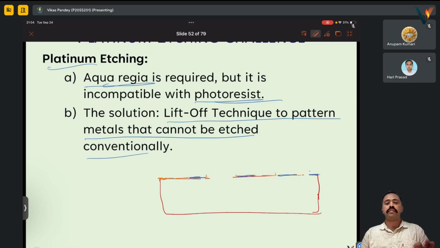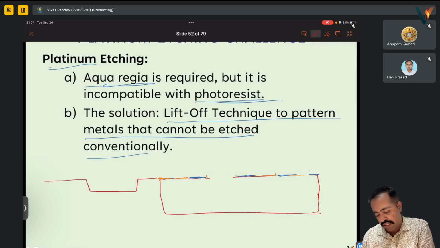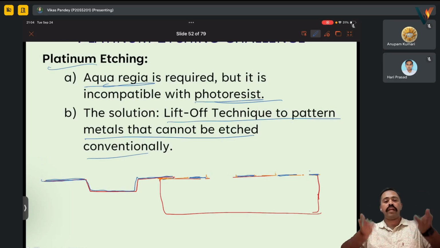And this technique is called the lift-off technique. But in this case, one problem occurs: if the PR was like this, then the deposition will be continuous over it, and it might not get removed.